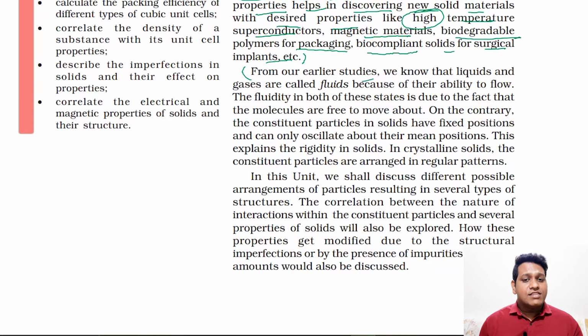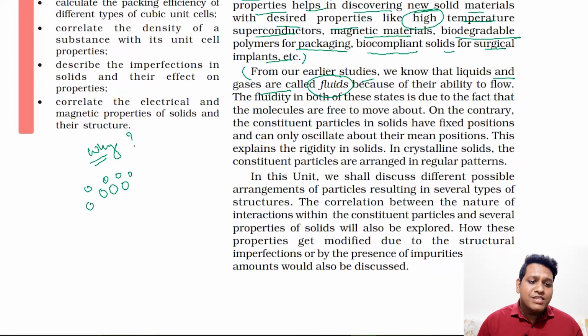From our earlier studies, in grade 10, grade 9 and previous studies, we know that liquids and gases are fluid. But the question arises here, why are they fluid? Why are liquids fluid? So the reason is what? Their atoms in liquids are not arranged in a specific orientation, and they are away from each other.